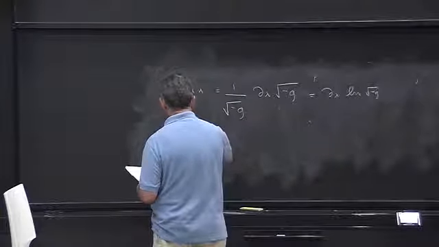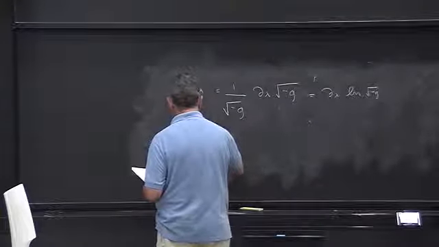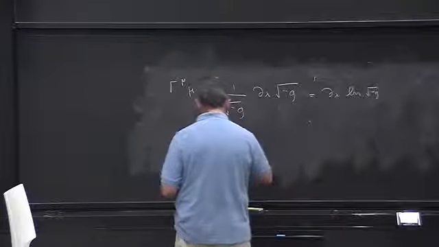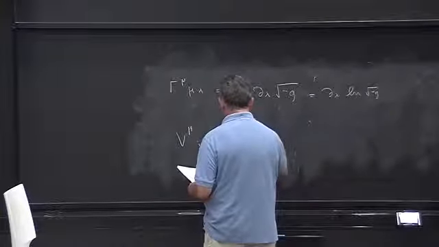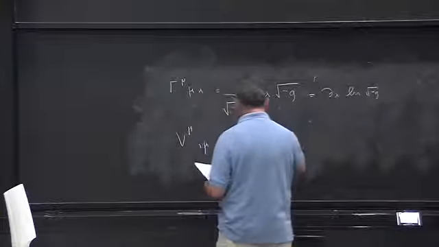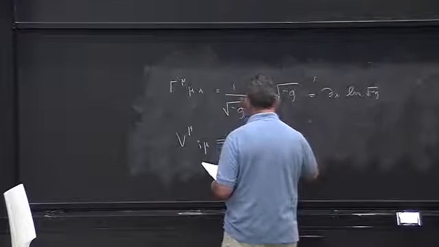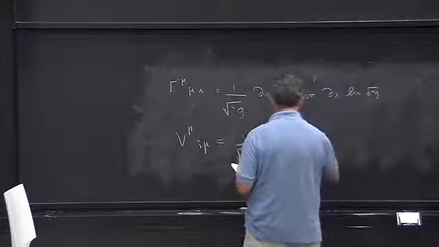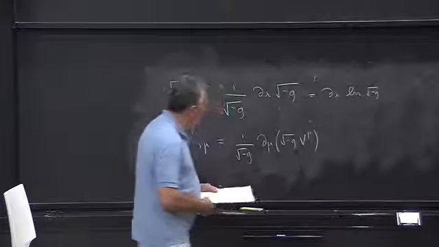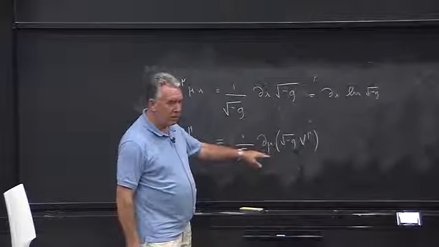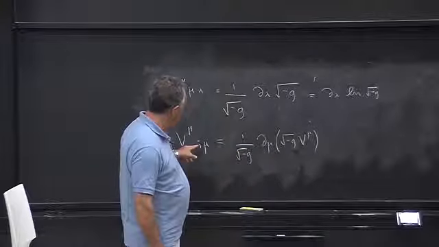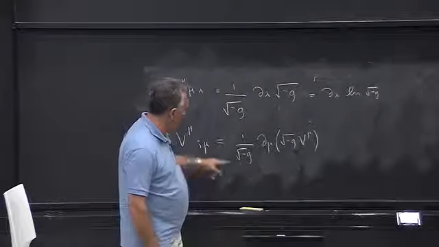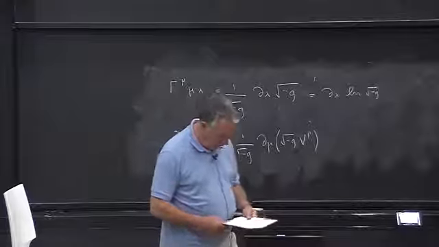And the covariant derivative of a vector with the indices contracted is also 1 over the square root of minus g, d_mu of the square root of minus g times V^mu. So this is just an ordinary derivative, and yet we get a scalar if we do things the right way.